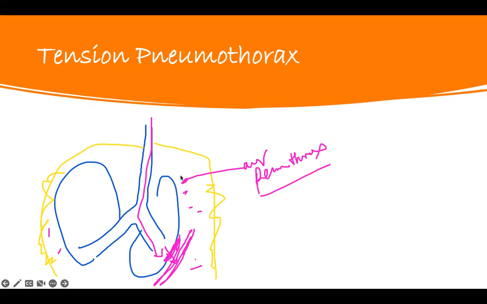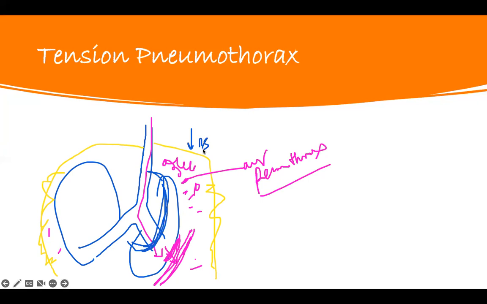If there's air here, it will build up in this space. Instead of staying in the lung, it will build up and start to squeeze the lung. The lung will be squeezed like that. So this will be where the lung is, and so you can't take a breath. When you listen to them here, you have decreased breath sounds because the breath sound comes from the lung expanding inside the lung itself, not outside. So they will have decreased breath sounds.